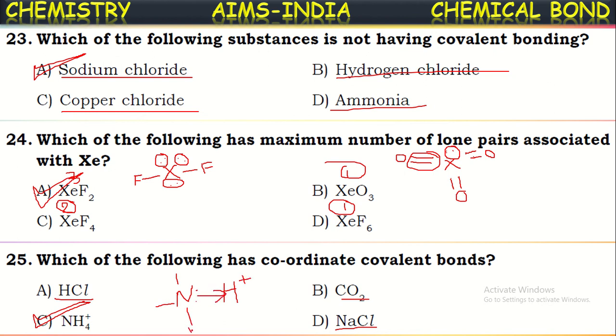So here a dative bond exists in the ammonium ion in this way. Ammonia donates a pair of electrons present on the central atom nitrogen to the H plus ion, which has a vacant orbital. So in this way, between these two, a coordinate covalent bond or a dative bond is formed. Thus the ammonia molecule and hydronium ion, H3O plus ion, and some other molecules like sulfur dioxide, sulfur trioxide, the ozone molecule, these all have coordinate covalent bonds in them.